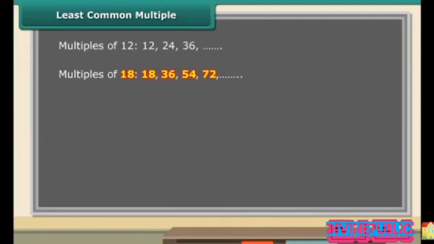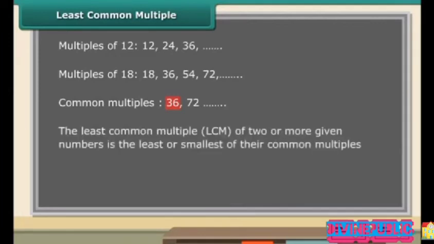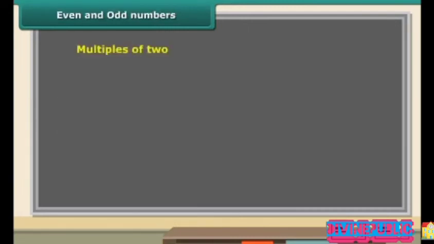The common multiples of both the numbers are 36, 72 and so on. But 36 is the smallest among these. Therefore, 36 is the LCM of 12 and 18. The least common multiple, LCM, of two or more given numbers is the least or smallest of their common multiples.